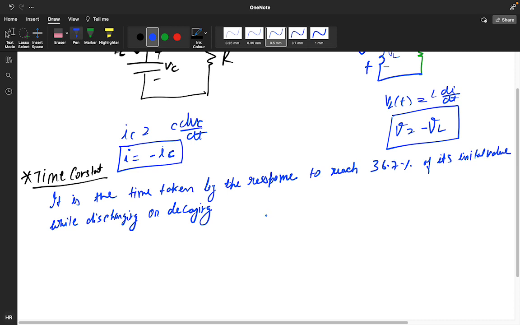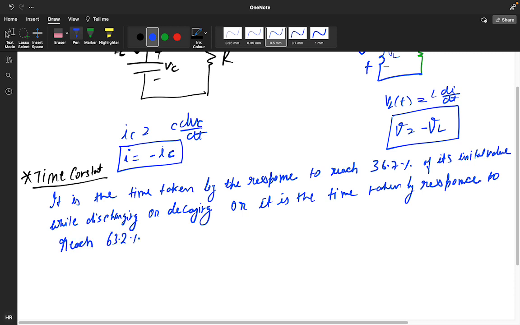Or it is the time taken by the response to reach 63.2% of its initial value while charging.